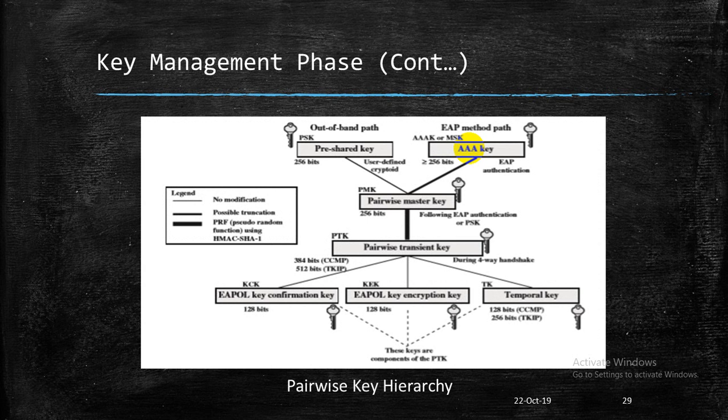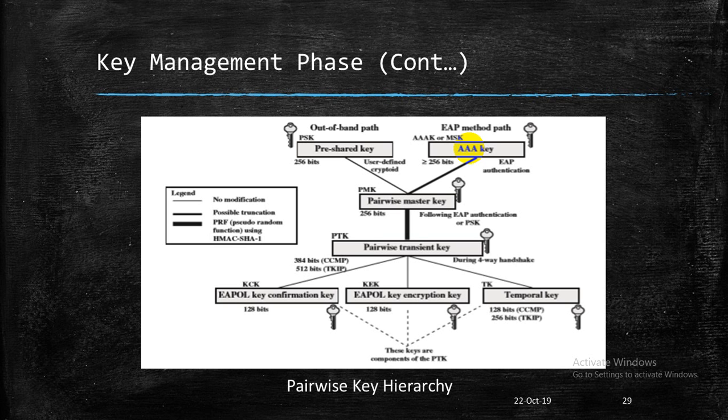Here's the diagram. The diagram basically shows the hierarchy of the pairwise keys. Basically, the pre-shared key is different than the MSK. It means if the MSK is generated, then it is not needed to generate a pre-shared key.